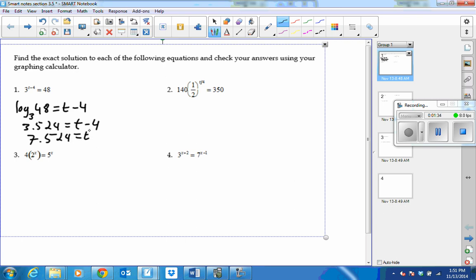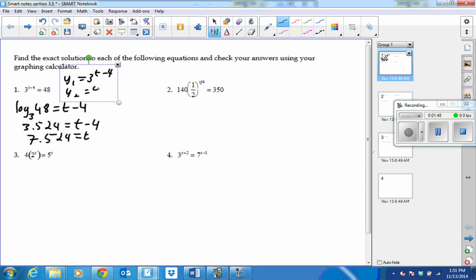Now it says, and then find your answers using a graphing calculator. The way we're going to use the graphing calculator to do this is we're going to say y sub 1 equals 3 to the t minus 4, and we're going to say y sub 2 equals 48. And then we're going to look at where these two graphs intersect, and it's going to confirm that our answer is correct.